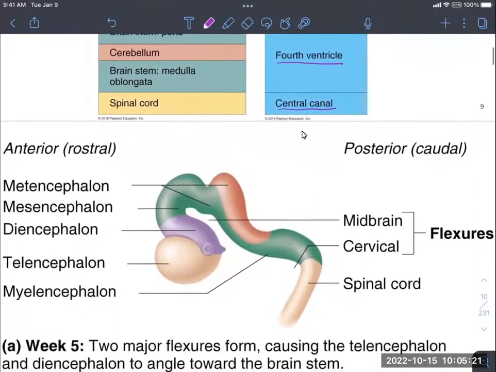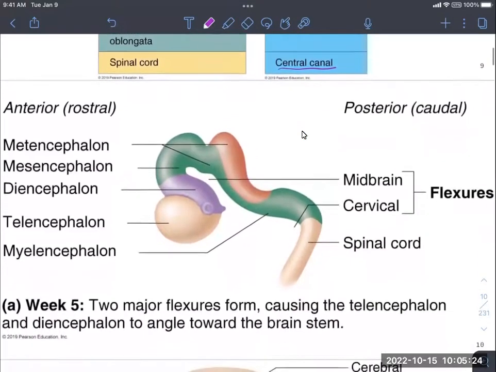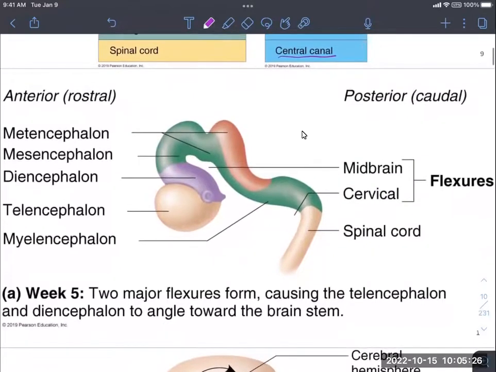And that central canal goes all the way through that spinal cord. So here's how the brain actually fully develops. This is by week 5 after fertilization. It happens pretty quickly, because you think 5 weeks, that's not a lot of time.